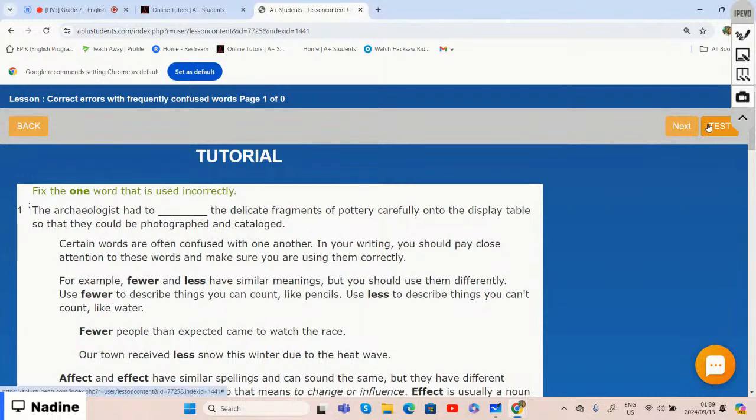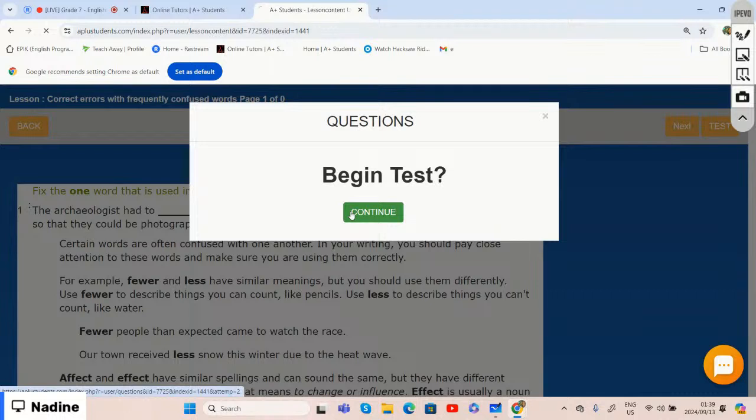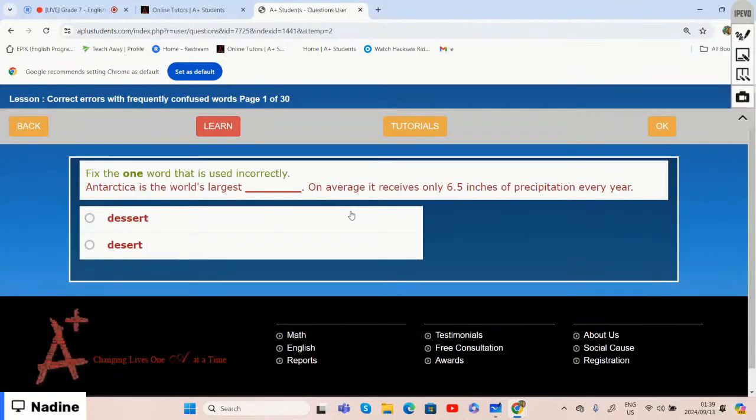All right, so now we're going to our test where we are going to correct errors with frequently confused words. It says Antarctica is the world's largest desert, right? On average, it receives only 6.5 inches of precipitation every year.